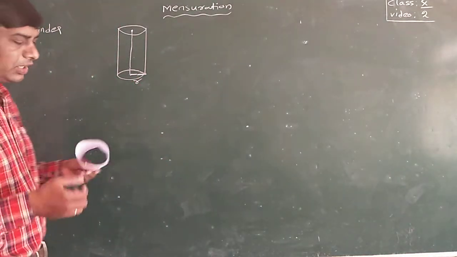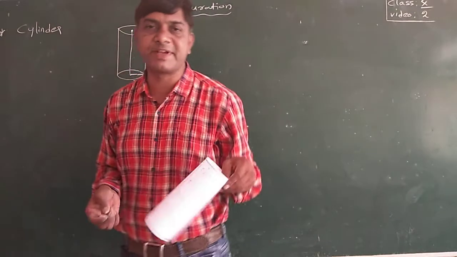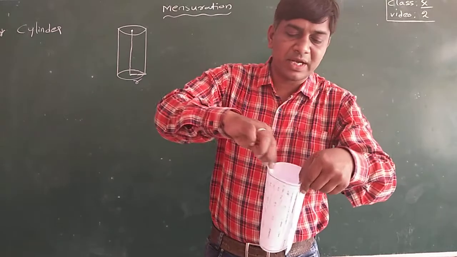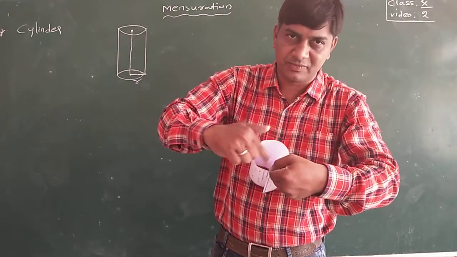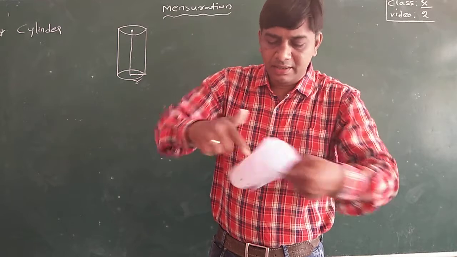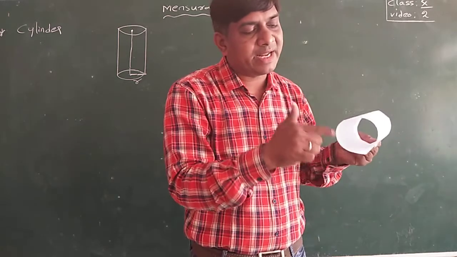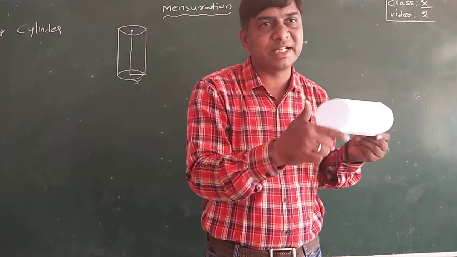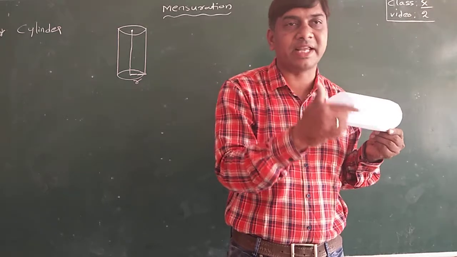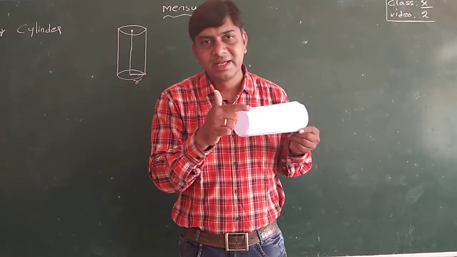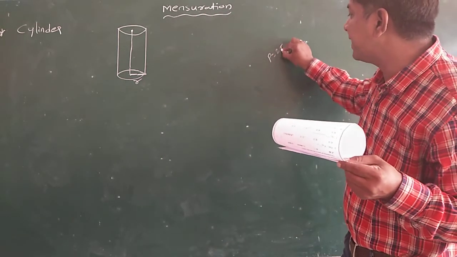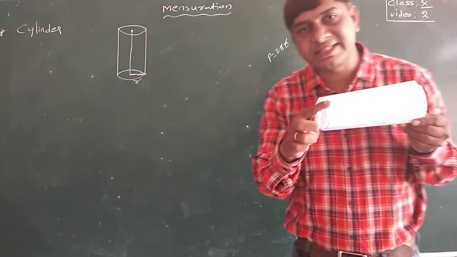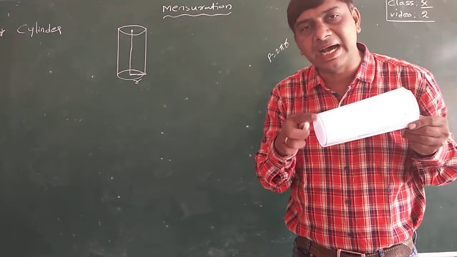Now, while finding the curved surface area, what is on top? A circular shape. This circular shape is the boundary of the circle, which is nothing but the perimeter of the circle. What is the perimeter of the circle formula? 2 pi r.